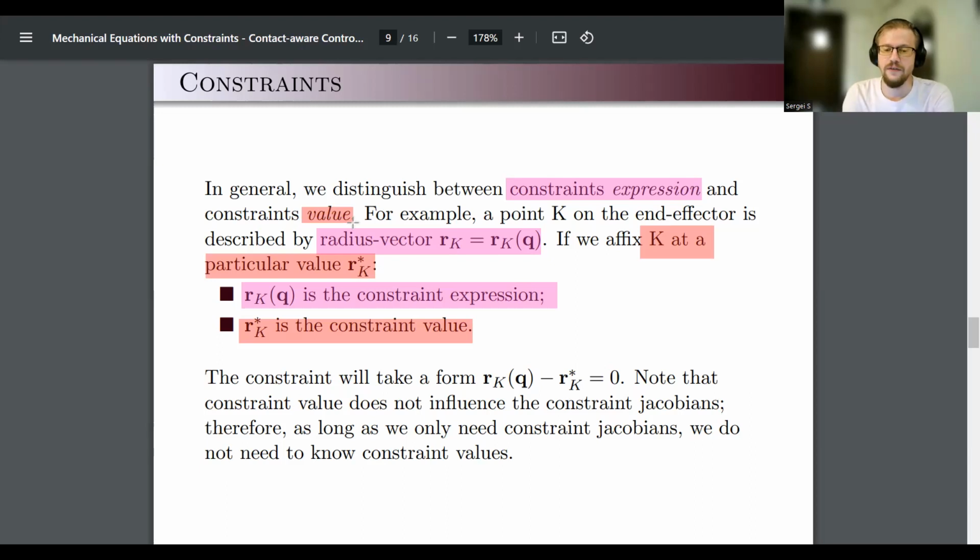So for example, if we're talking about the foot of a quadruped robot, we can say the foot is on the ground. So the height of the foot is 0. Every point on the foot, its height is 0. So we can say that the y coordinate for each point on the foot has to be equal to 0. For each of those points, we could find the expression as a function of generalized coordinates that describes the robot. That will be the expression. But the value would be 0. We know that all of those points stay on the ground, so it is 0. You understand?